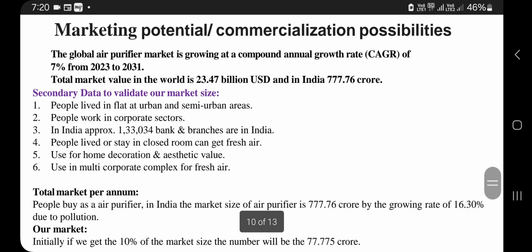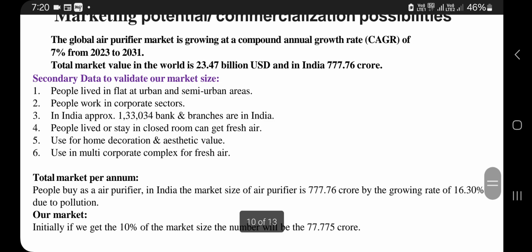and according to the room condition we can make the chamber for the customer. The market is people living in flats and urban and semi-urban areas, in corporate sectors, and in banks and branches also. We can also keep this system inside closed rooms. Generally customers are in the bank for a short period of time, but the workers are in a bank for a much longer period of time, or a seminar room.